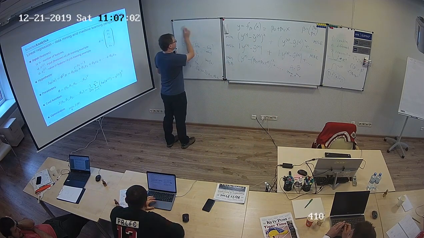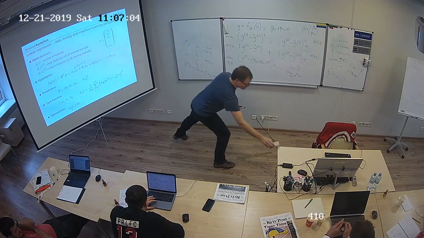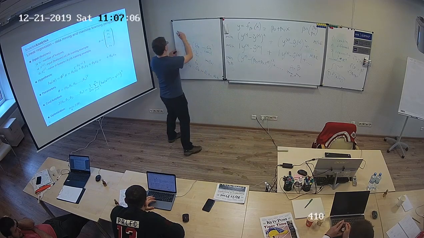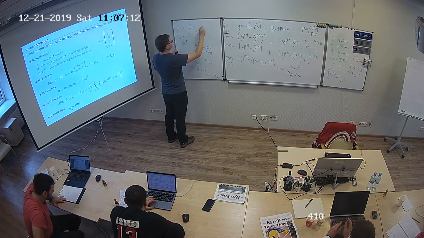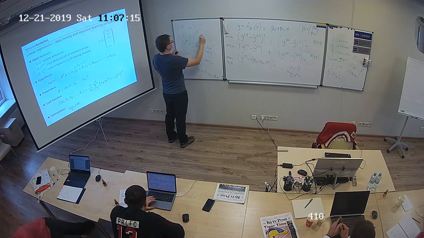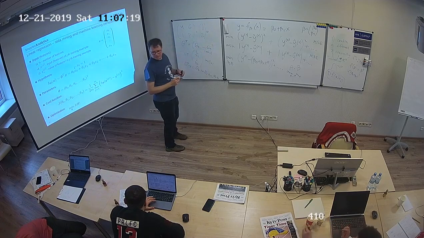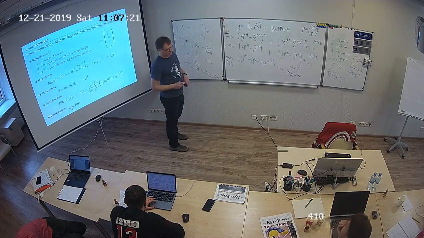Okay, let's do an example. Let's do the multiplication of the matrix 4, 6, 1, 2 by the vector 1, 2. So how do we do the multiplication of matrix by vector?